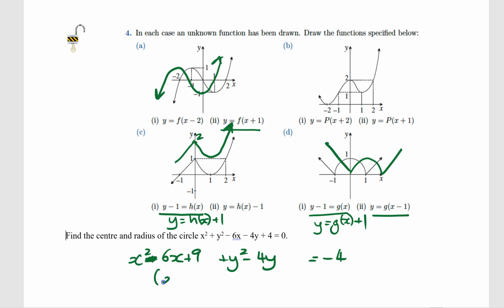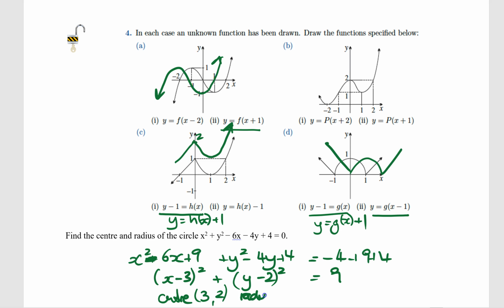So that gives me the perfect square x minus 3 squared. On this one, minus 2 squared is 4, so that gives me y minus 2 all squared. And because I added 9 and 4 there, I have to add 9 and 4 over here, which gives me 9. So what I have is a circle, centre (3, 2), and radius 3, the square root of 9.